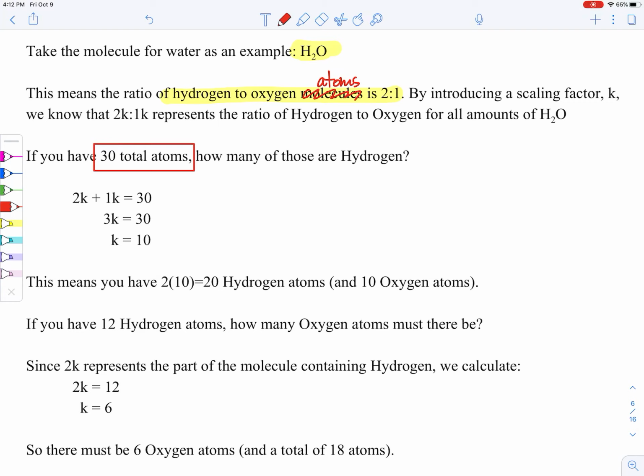I'm going to show you something. So 2 over 1 would be equal to 2k over 1k, right? Absolutely equal because it simplifies to the same.